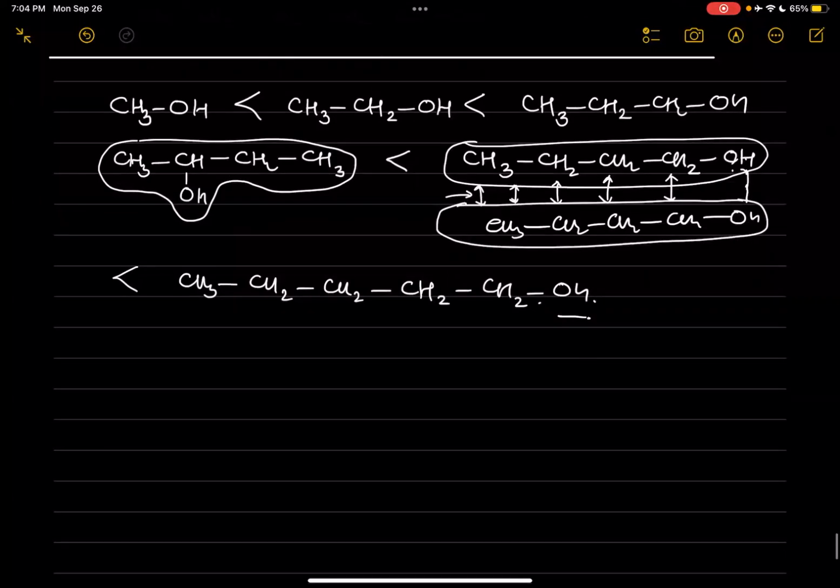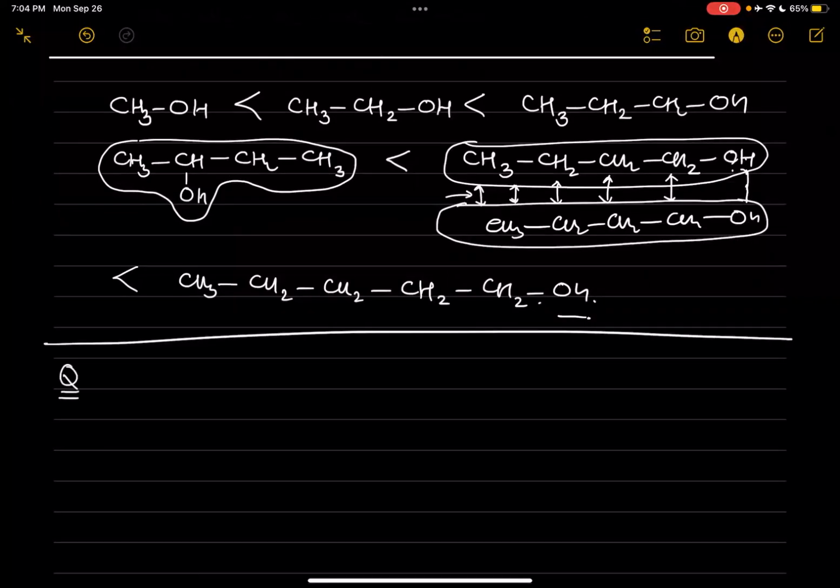And so I can write one more example that will make it very clear what I am trying to communicate. All of these are butanol. This is tertiary butanol. And this is 2-butanol.